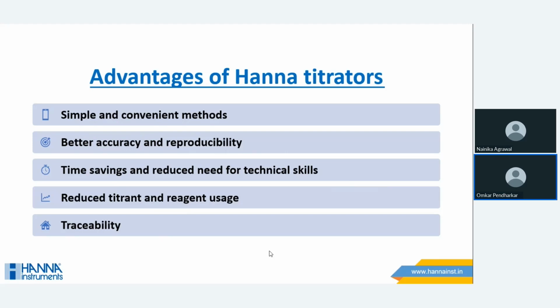So the usage of the reagents can be reduced by using the automated system, and more safety is provided because we are not handling the chemicals directly. We are titrating the sample and analyzing the parameters by using the automated system.